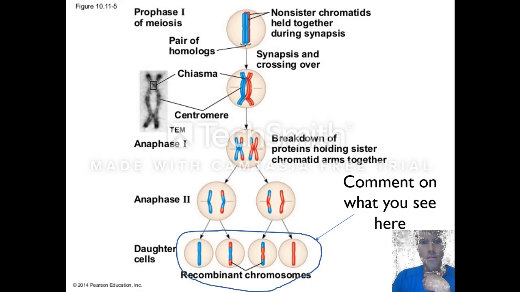But we'll look very carefully. Here is the crossing over. As you can tell, what was once all blue now has these little bits of red, and the red has little bits of blue. So you've got new combinations, new combos, and that could equal new traits.